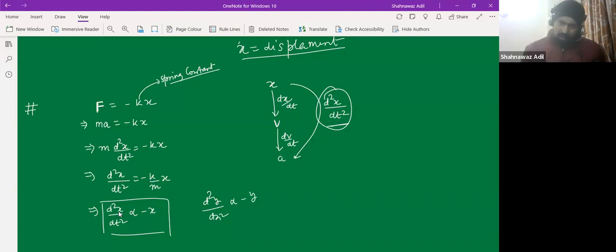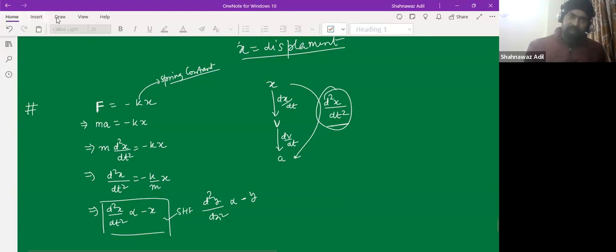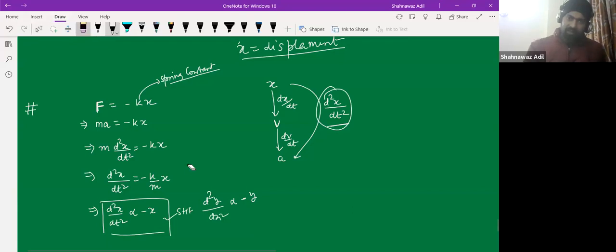So in here your y is x, so this is proportional to minus x. So this is a simple harmonic function, right? Is it clear, guys? This is the example of a simple harmonic function.